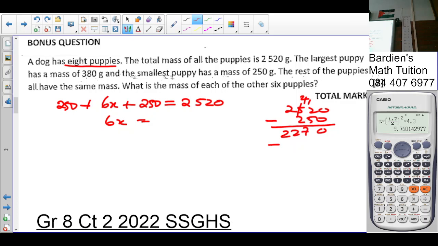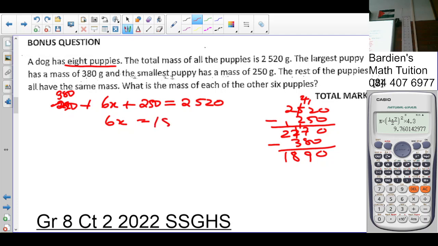Minus 250 twice. The largest puppy has a mass of 380 grams. 0 minus 0, can't, so it gives you 1. 17 minus 8 is 9. 21 minus 3 is 18. 189.